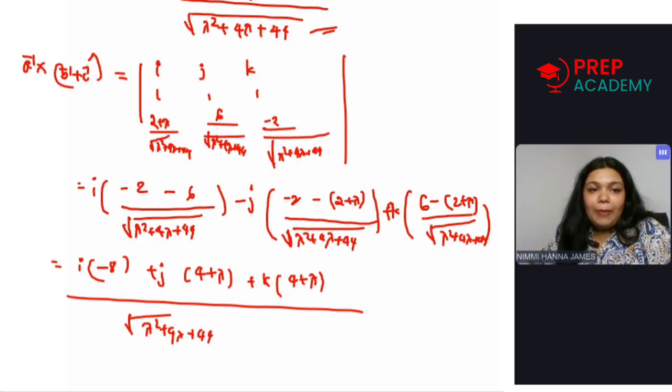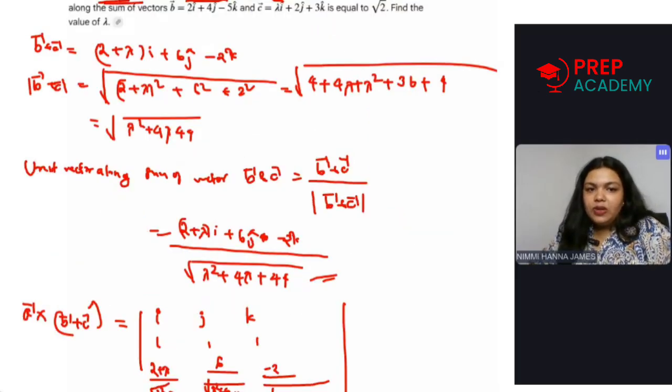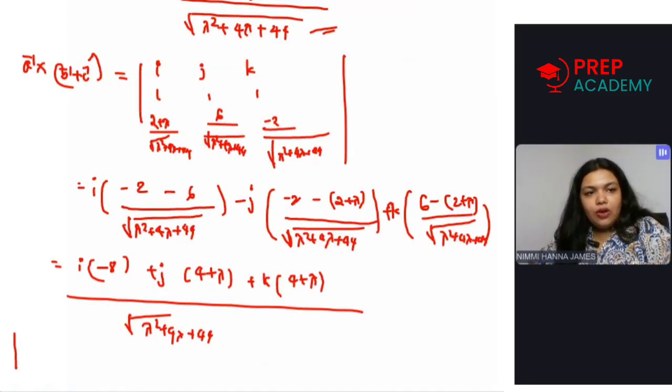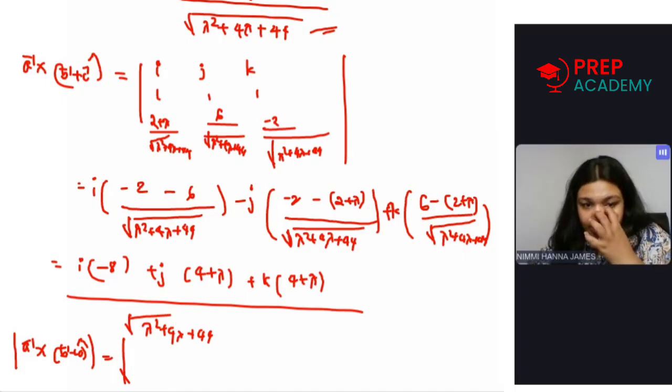Now we want to find the magnitude. Okay, A cross B we did. So we want to find the magnitude of the vector product. So the magnitude of A vector cross the unit vector of B plus C is equal to the root of this whole term, correct?